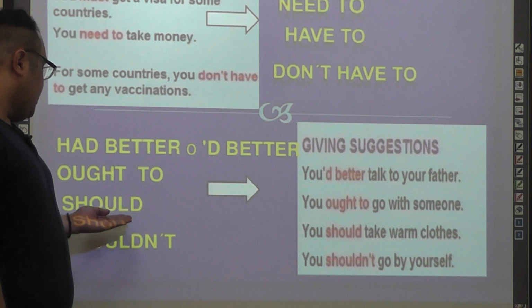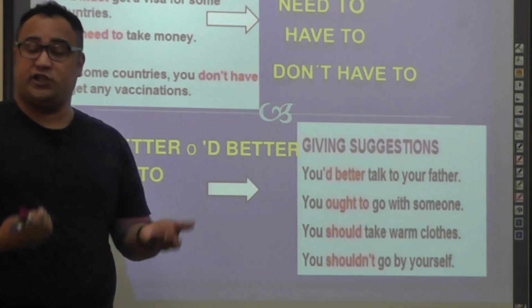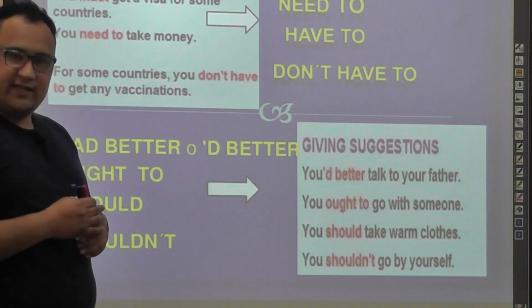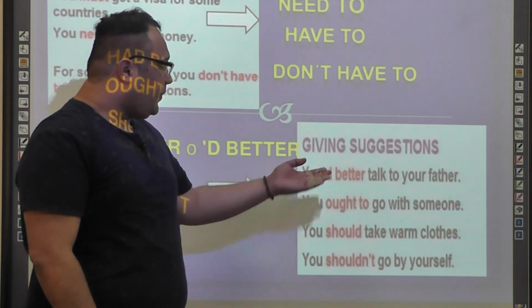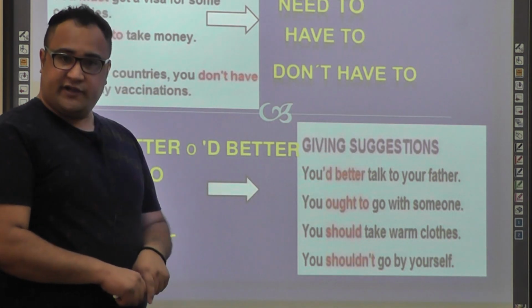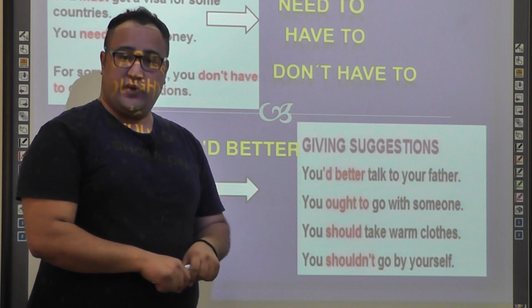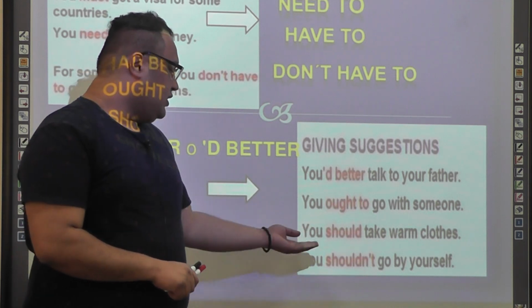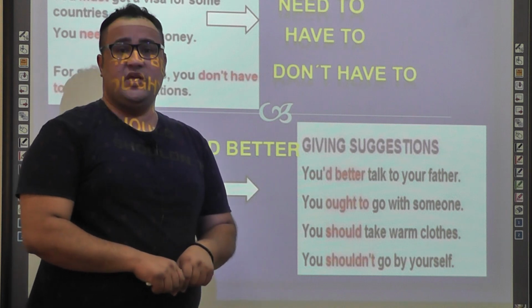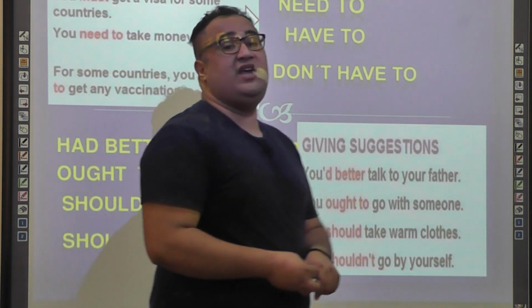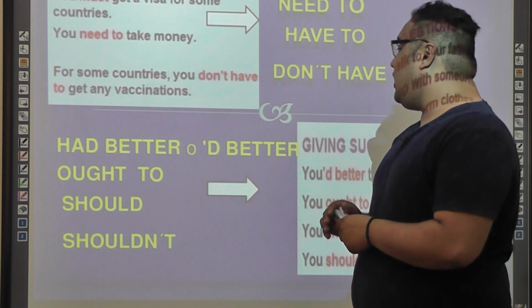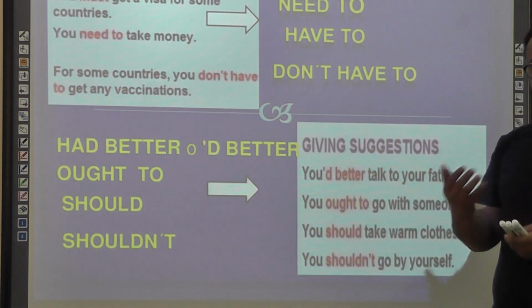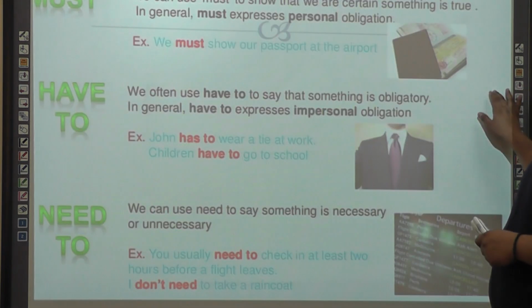Ought to, should, or shouldn't, the contraction for should not. So let's have some examples. You'd better talk to your father. You ought to go with someone. You should take warm clothes. You shouldn't go by yourself. So those are the modals we use whenever we give suggestions.